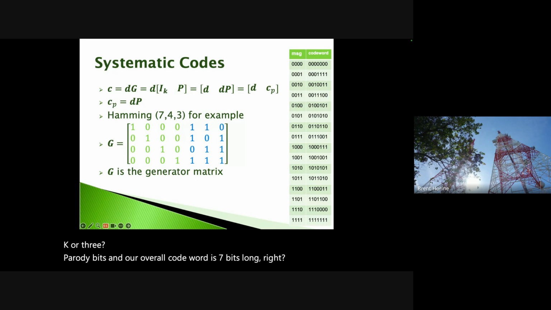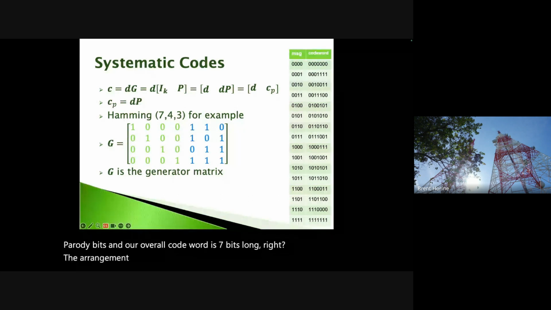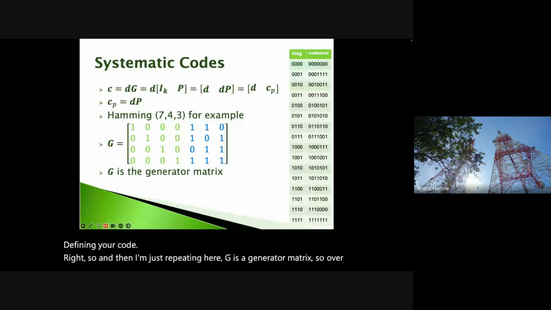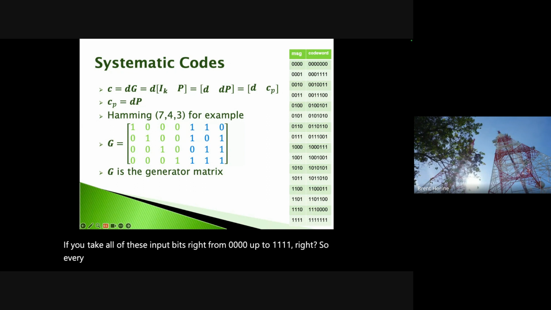The arrangement of these, each row of that, is defining your code, right? And I'm just repeating here, G is the generator matrix. So over here, if you take all of these input bits from 0000 up to 1111, every message word is represented here, so that's a complete set.